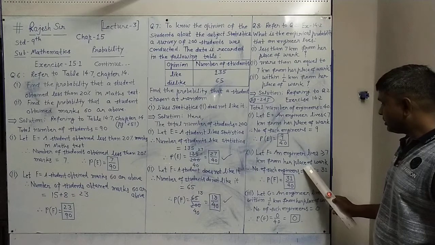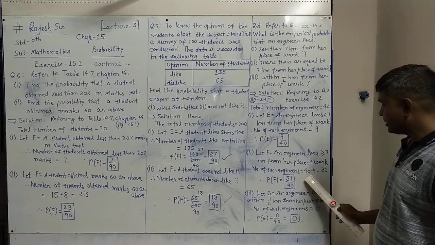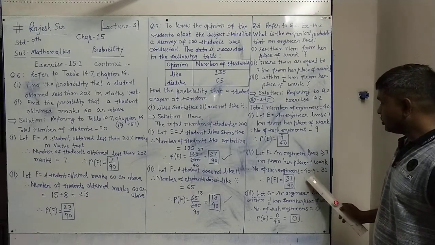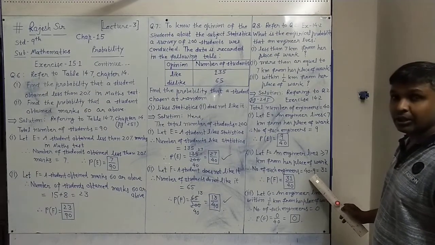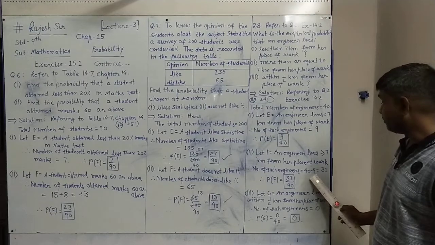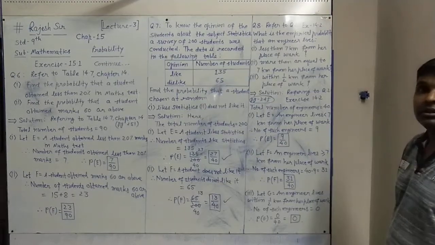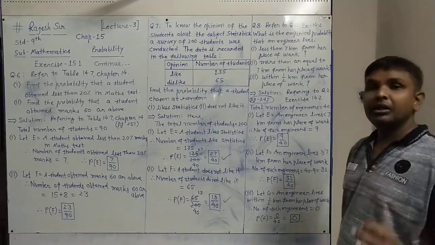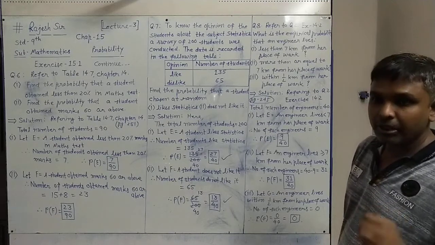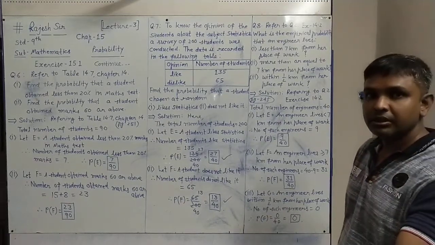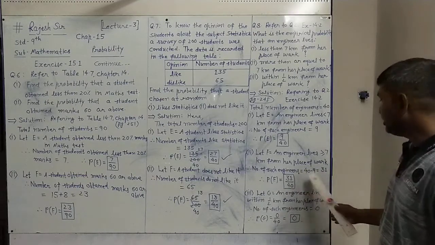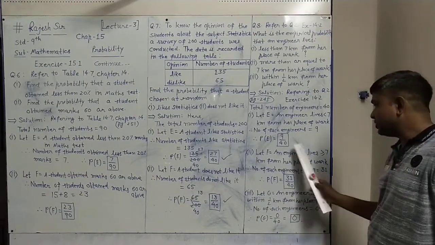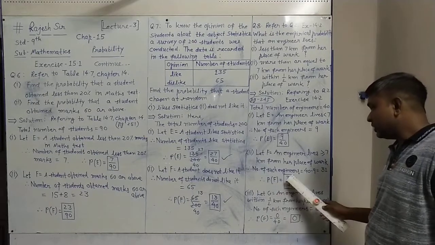If we subtract this 9 from the total number of engineers, we get 31, the number of engineers who are not living less than 7 km, meaning 7 km or more away from the place of work. This 31 will be the favorable number of engineers for this condition. So P(F) equals 31 upon 40.